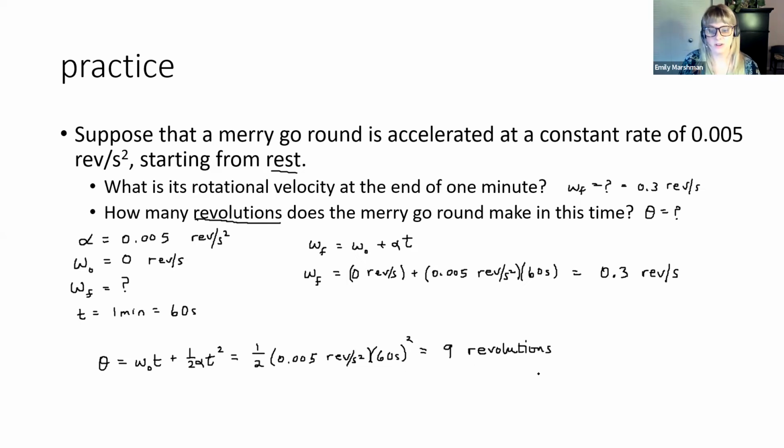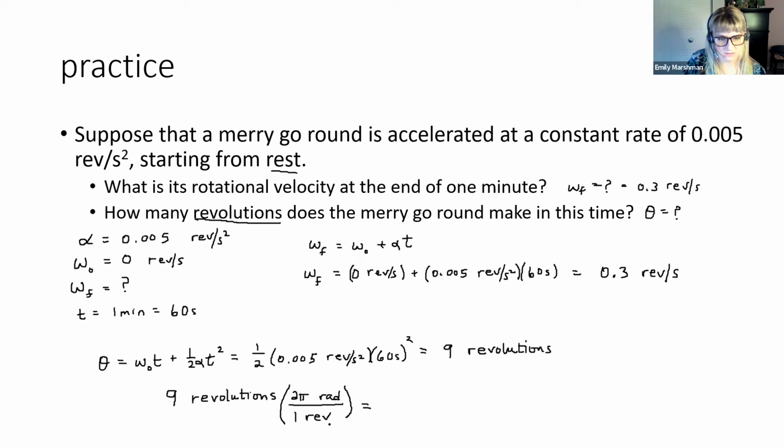Side note, if I wanted to convert revolutions to radians, I could say it's 9 revolutions. It's gone around 9 times. I can make the conversion that 1 revolution is 2 pi radians.